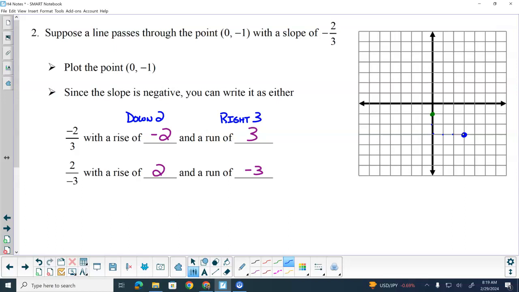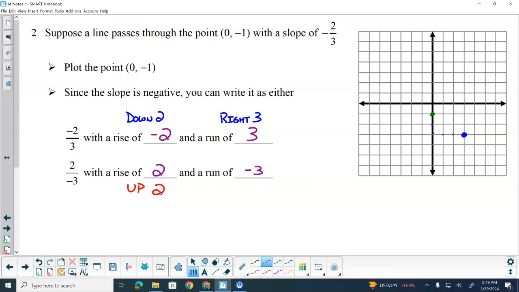Next one. Rises are up and down, correct? Okay, so a rise of +2 would be up or down? Up, okay, right? So then this one would be up 2. Runs are left and right, correct?